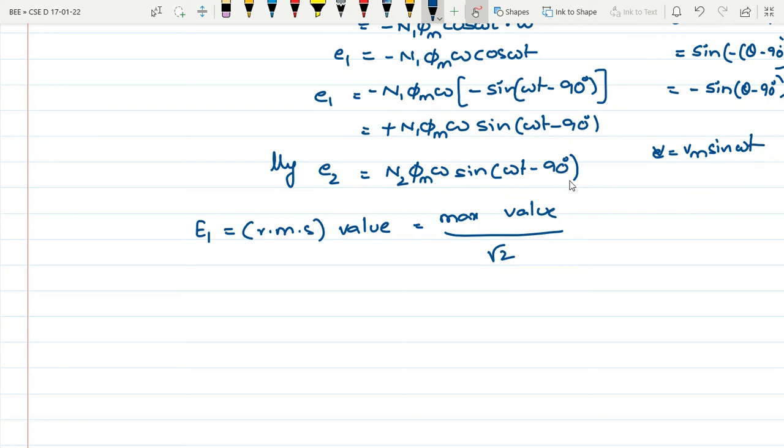So if you compare these two, what is the maximum value in case of E1? E1 is N1 phi m omega sine omega t minus 90. What is the maximum value here? This total thing is the maximum value. In place of Vm, you have N1 phi m omega. So remaining sine omega t minus 90. So omega t plus or minus 90 you can write, standard equation. So what is the RMS value we have here? N1 phi m omega by root 2.